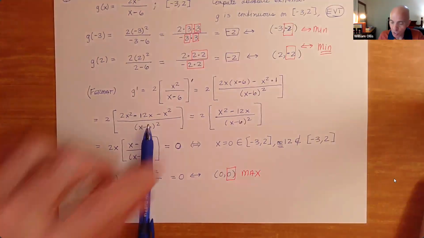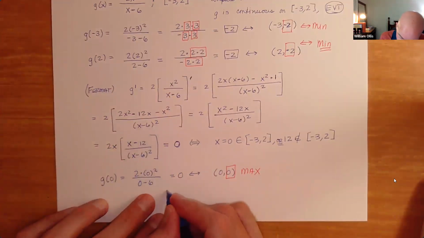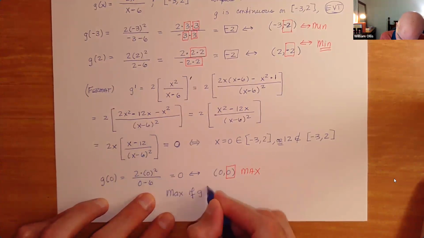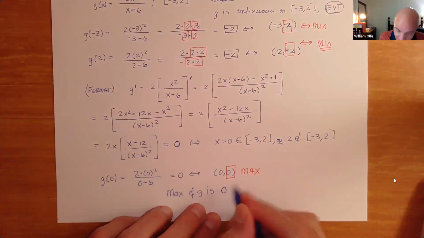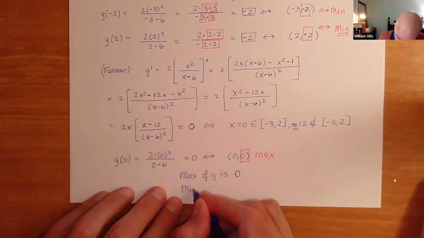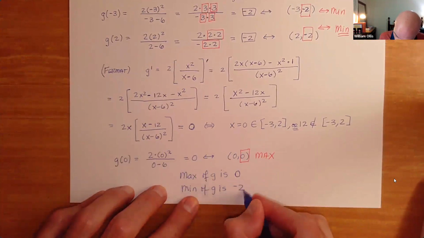So you might need to type all of these, but if we are to summarize, we could say the maximum of g, just the bare bones, is 0 when we consider this set. The minimum of g is -2.